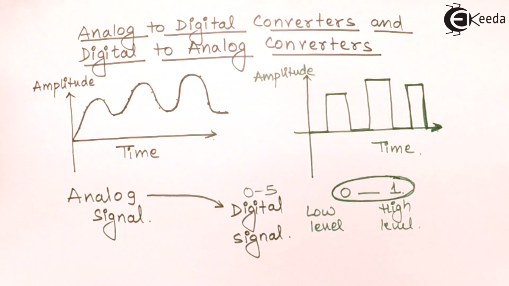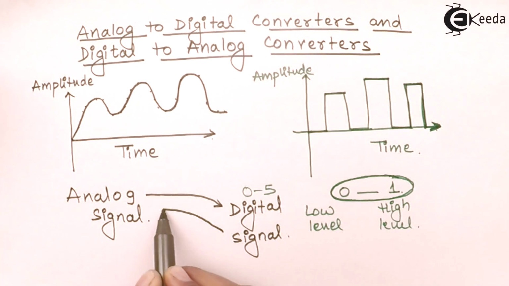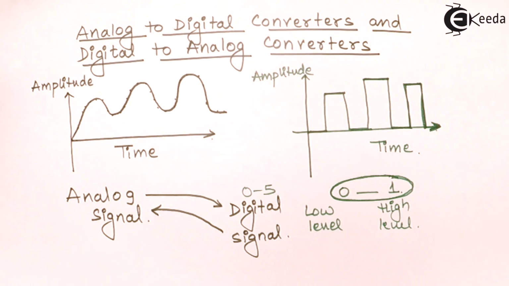Also there are some systems which deal with analog signals, so if we have digital signals, then that digital signal has to be converted into an analog signal. So both side conversion is necessary, analog to digital and digital to analog. For that purpose, converters are used. Converters are those instruments which convert either an analog signal into a digital signal or a digital signal into an analog signal.